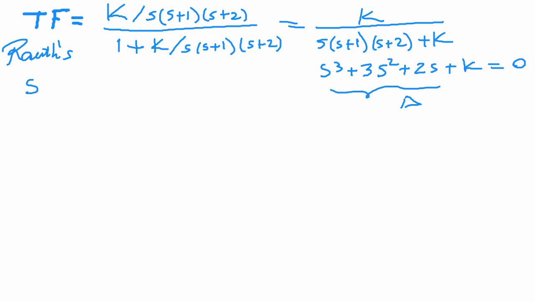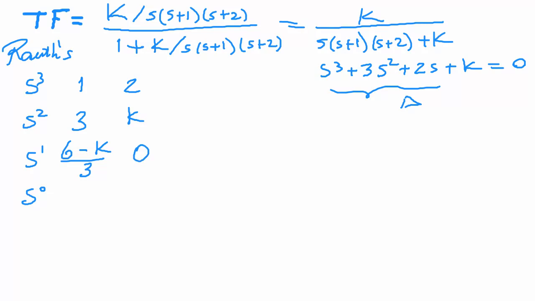S to power 3, S square, S to 1, S to 0. S to power 3: 1, 2. S square: 3, K. That one here is 6 minus K over 3.